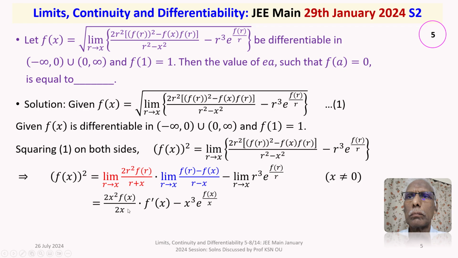So now 2x cancels and you are left with x into f of x. Write f of x as y. Then f prime x will be dy by dx.